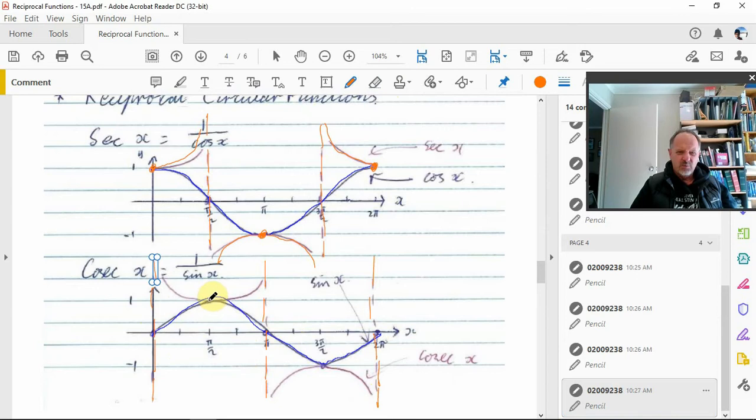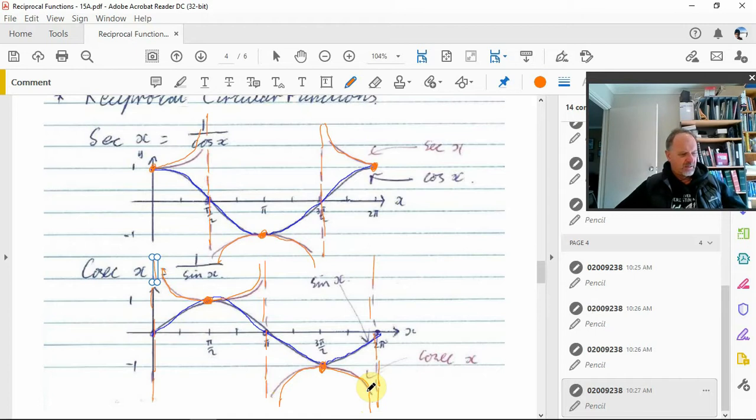Here when sine is 1, 1 divided by 1 is 1, then a similar shape to the 1 over cos, and here at 3 pi on 2, 1 over -1 is -1, and then of course curving around like so.